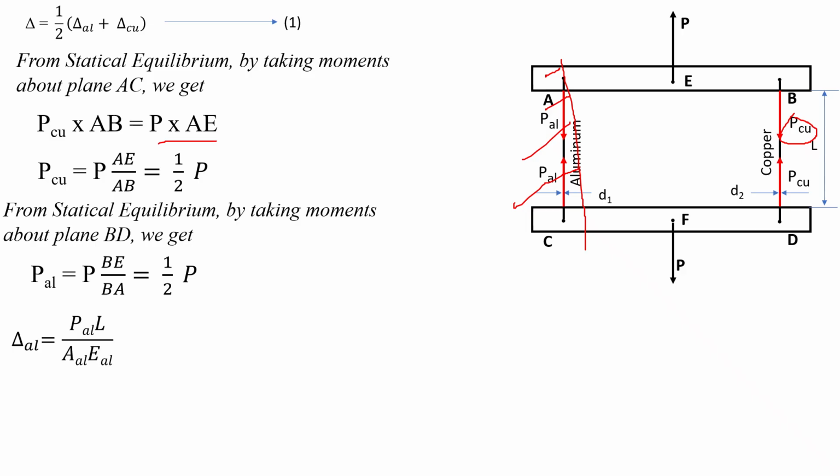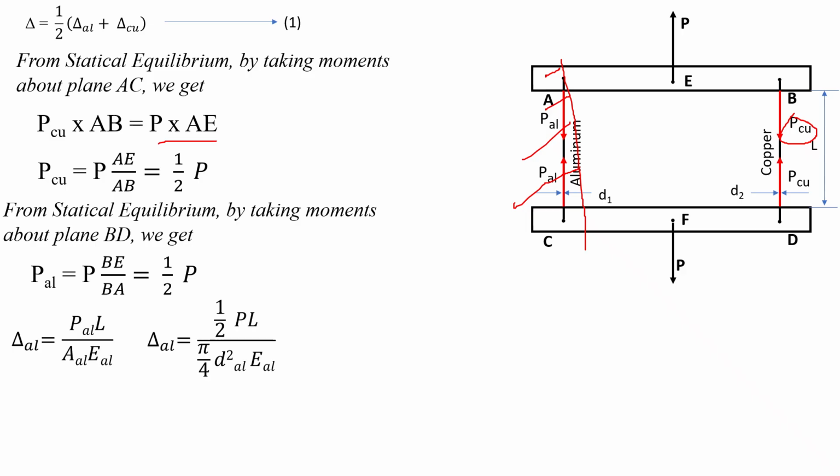So here PAL is the reaction force or applied force on the aluminum wire, L is the length of the aluminum wire, AAL is the cross section of the aluminum wire, and EAL is the Young's modulus of the aluminum wire. And we know the relationship PAL equal to 1 by 2 into P. And we know AAL is the cross-sectional area, that is pi by 4 d square of the aluminum wire.